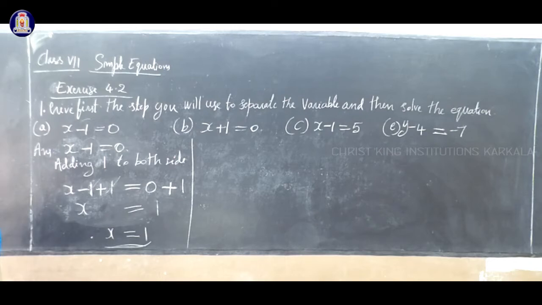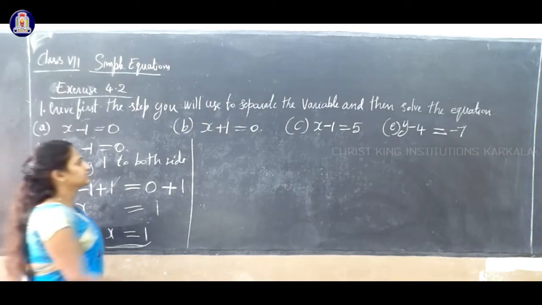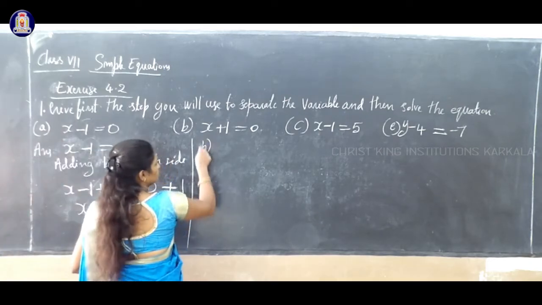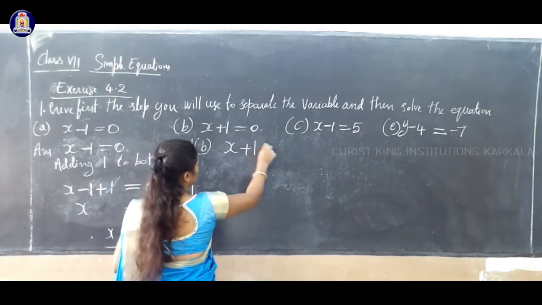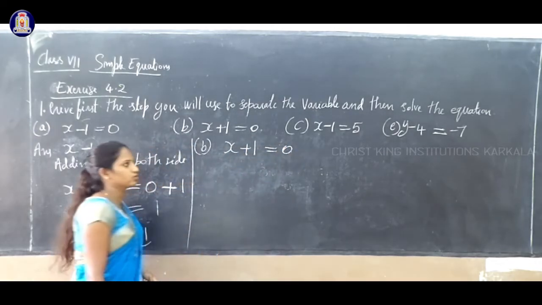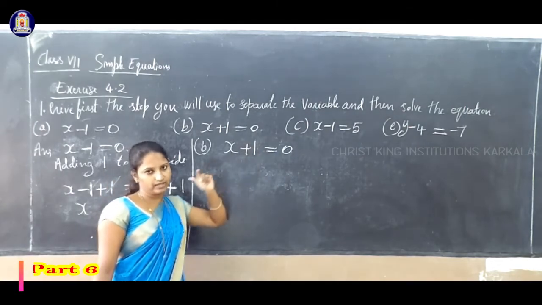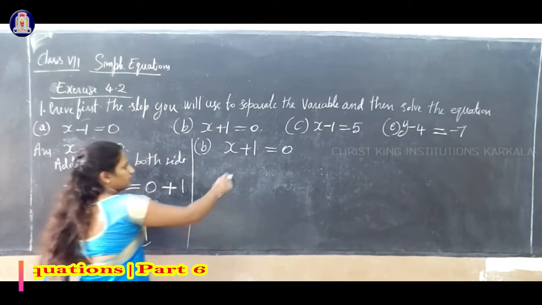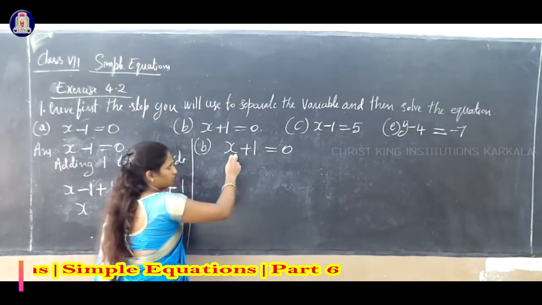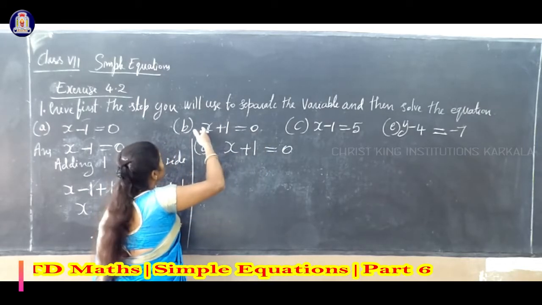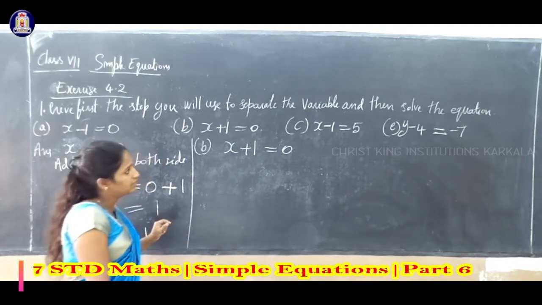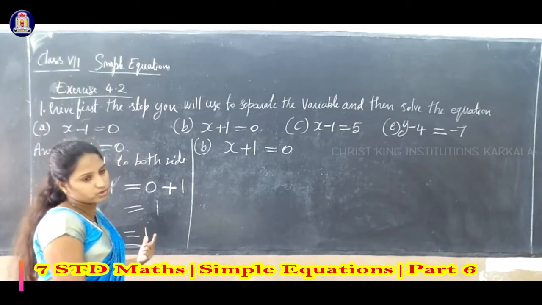Okay, we will now solve the second equation, that is x plus 1 is equal to 0. So here the sign is plus 1, right? So what do we have to do? To remove this number, we have to separate the variable and then solve the equation.